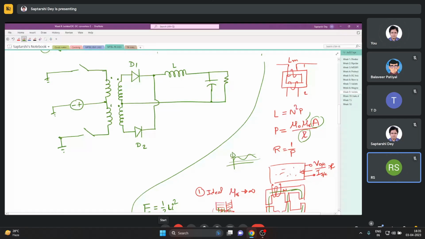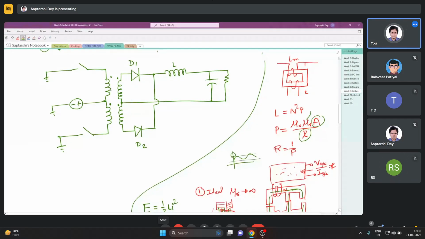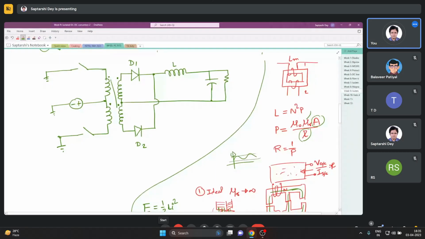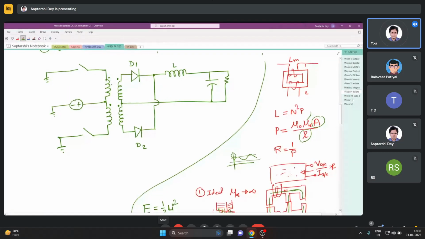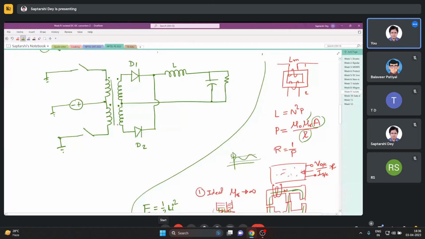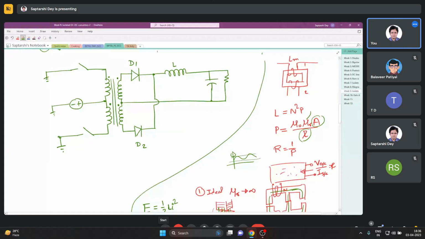So you tell me one thing. Say in forward converter, we need reset circuitry, right? Here also we have a transformer. Four winding transformer is there. Don't we need a reset winding here?